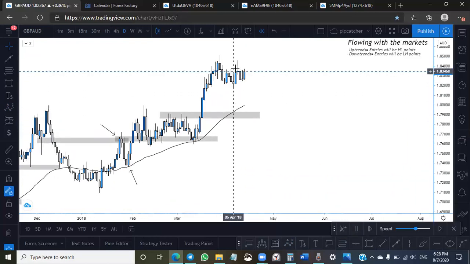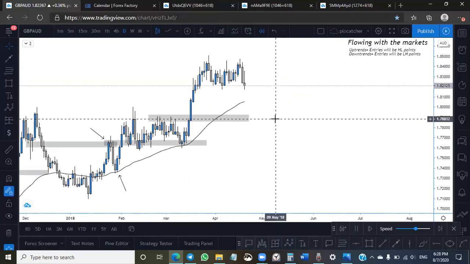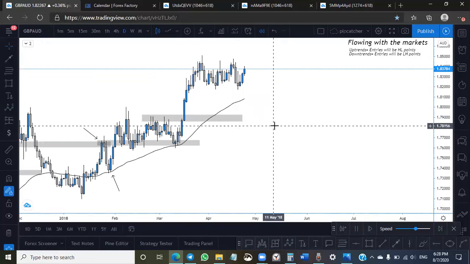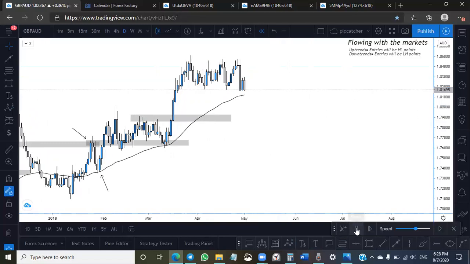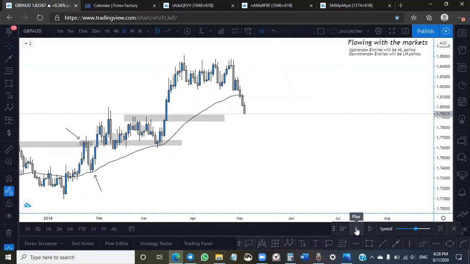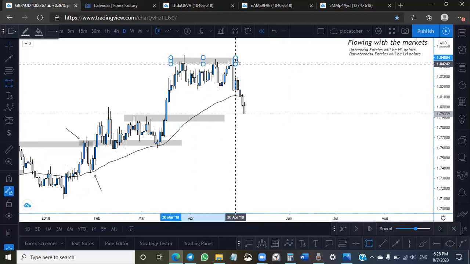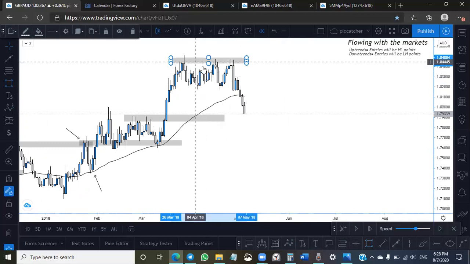Okay, so this is kind of choppy right now, very rangy price action. Okay, so what I'm seeing now is we have a couple touches in this supply area.